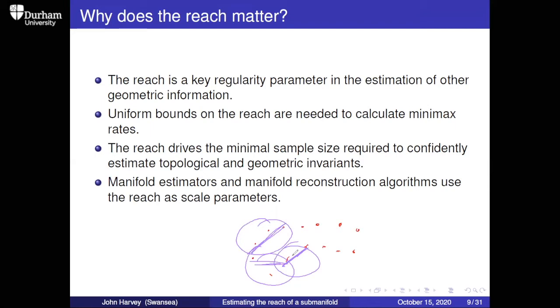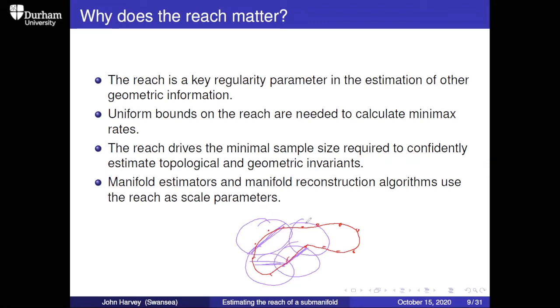And if you draw a ball, but the ball is bigger than the reach, okay, then suppose the true manifold was the kind of manifold I've been drawing all this time. One of these dumbbell shapes with a bottleneck.